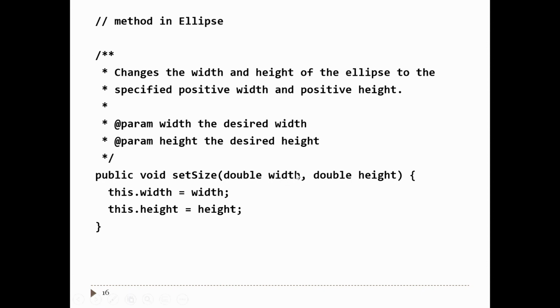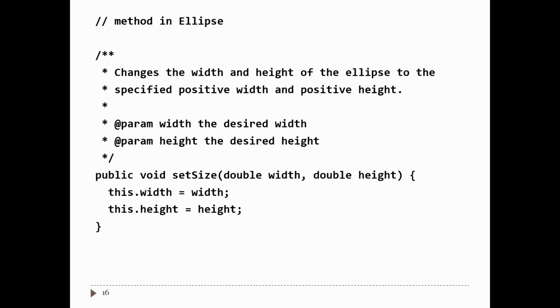In other words, if you pass in a positive width and a positive height, you satisfy the preconditions of the method. The postcondition of the method says that the width and height of the shape change, and that's what the method is supposed to do.